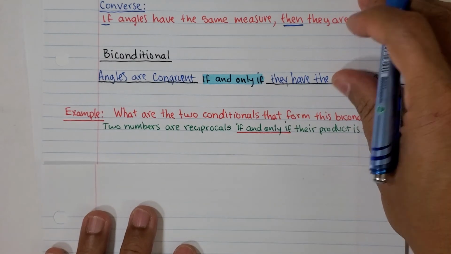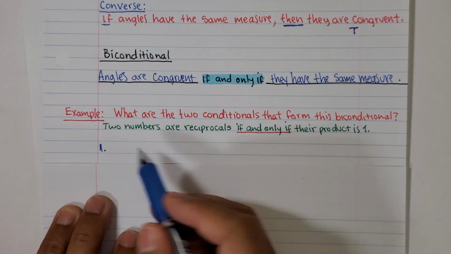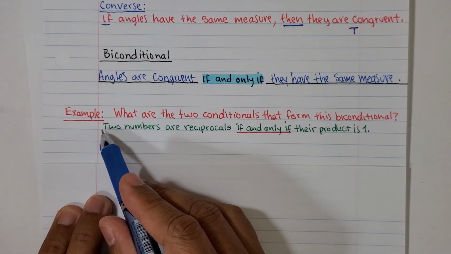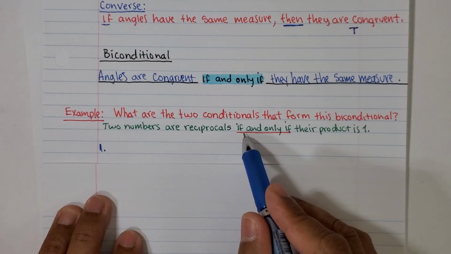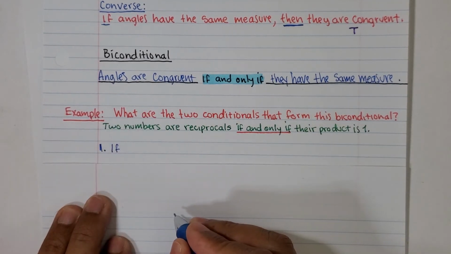So I'm going to give you the first one. Conditional 1. I'm going to introduce if at the beginning. That's the difference. Instead of being in the middle, now it's going to be in the beginning. So this will be if, so if what?